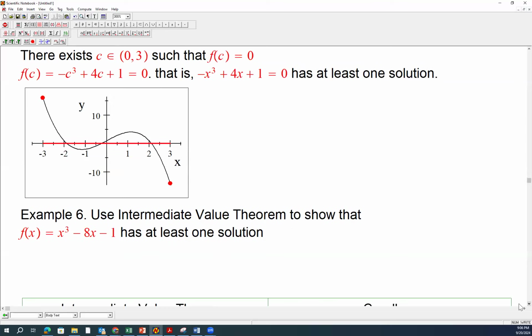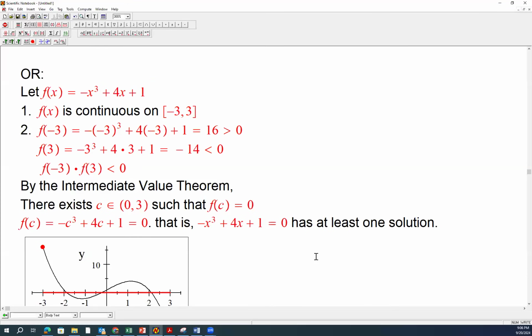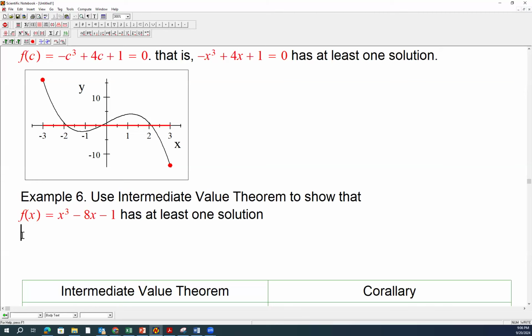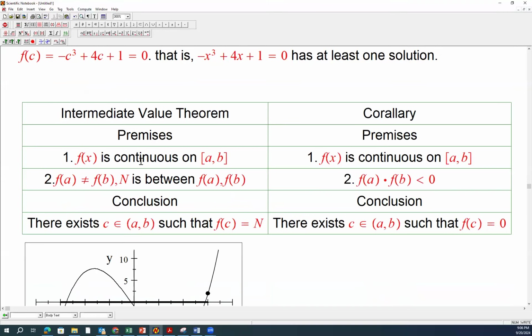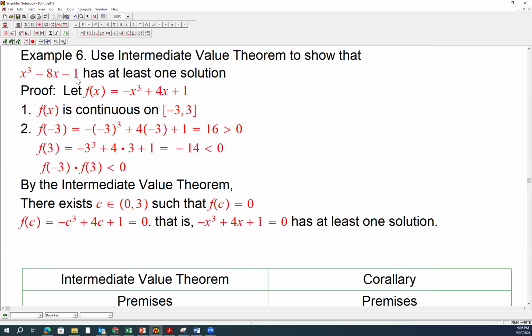Last but not least, I'm just going to quickly finish this one. The proof is here, and the next one is similar, right? I'm going to quickly put the solution out there. This question is also that this is equal to 0 and has at least one solution.